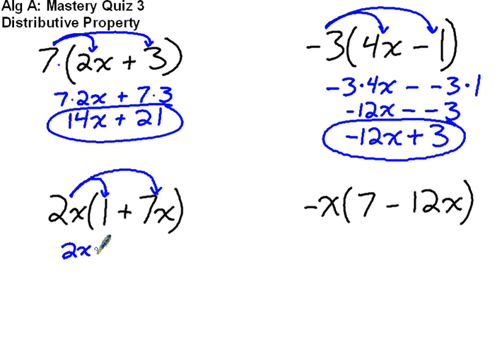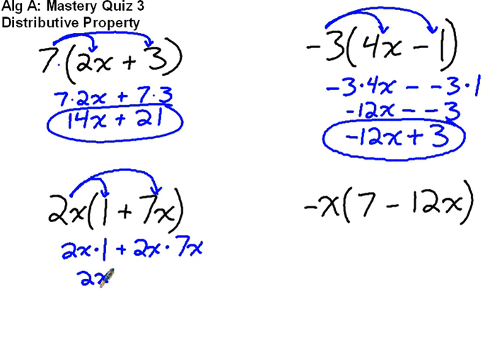So we do 2x times 1. The plus comes straight down. We've got another 2x times our 7x. No sweat at all. Let's multiply these terms together. 2x times 1, 2 times 1 is 2.